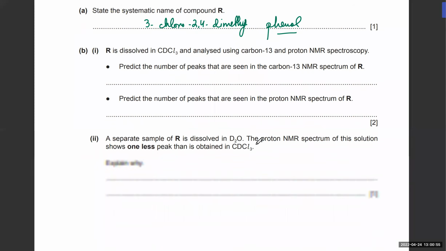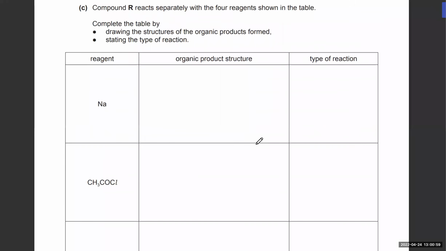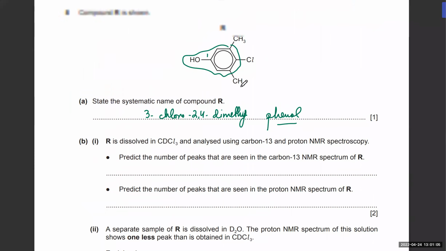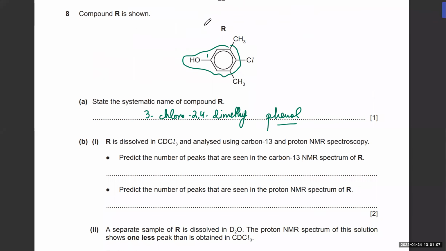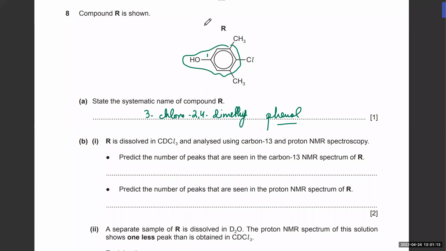तो इसके आगे C part में Na के साथ the phenol will react. हाँ, क्योंकि वो acid है. Phenols, acid-base reaction. It's going to be a redox. Remember, metal plus acid is not an acid-base reaction. A metal reacting with an acid is a redox reaction. But if you have a metal reacting with, let's say, HCl, it's going to form NaCl.